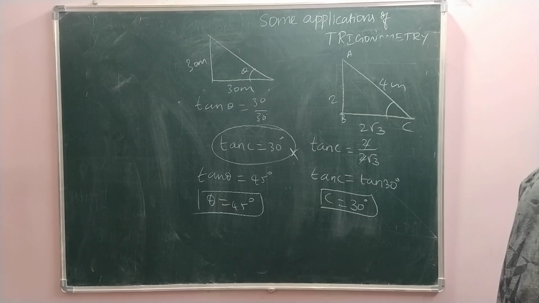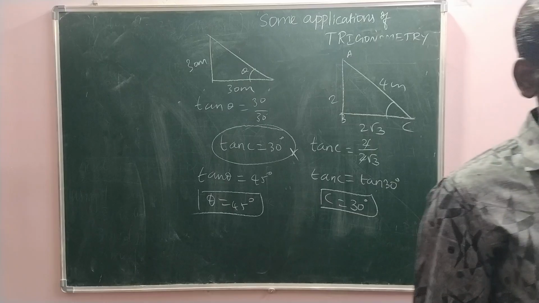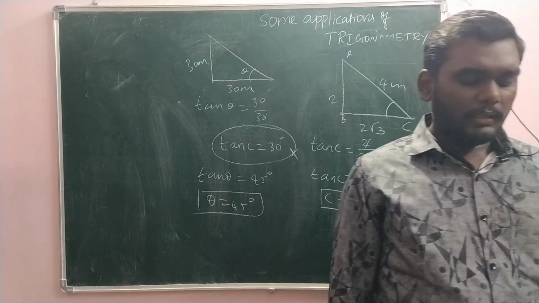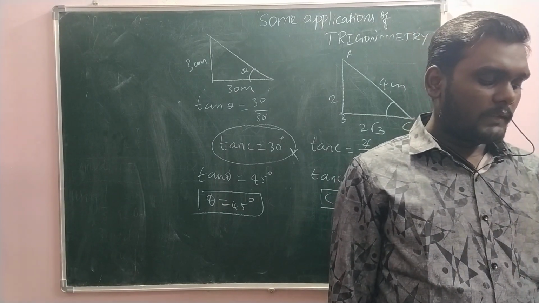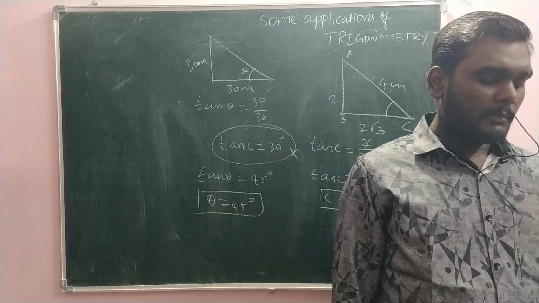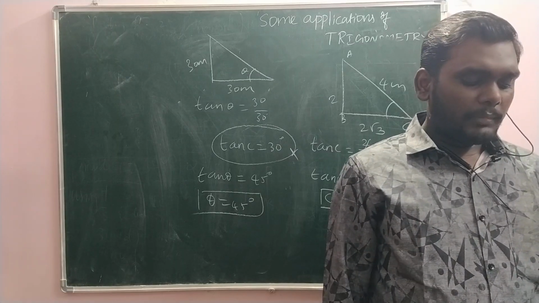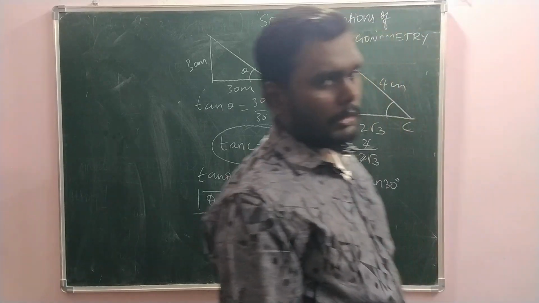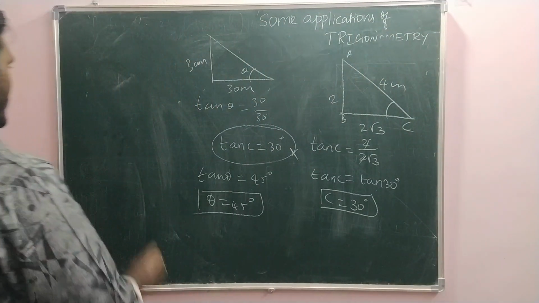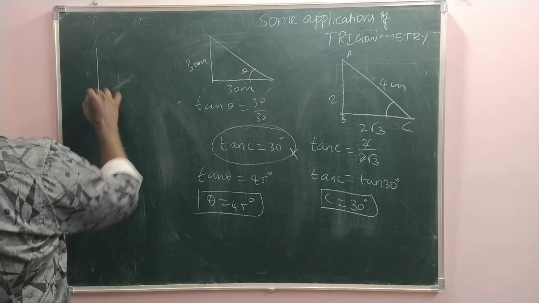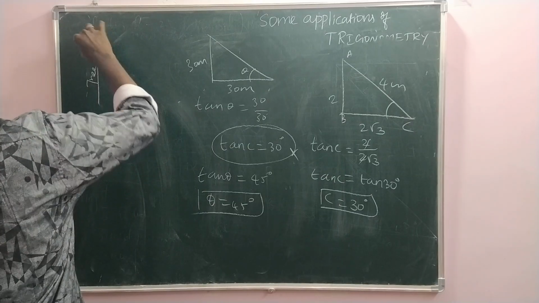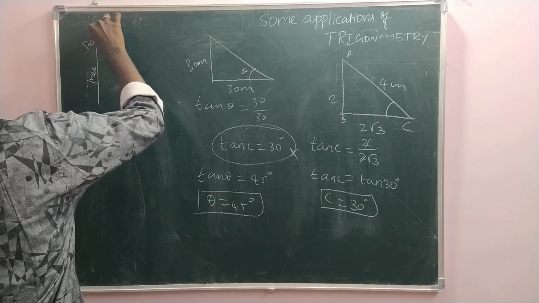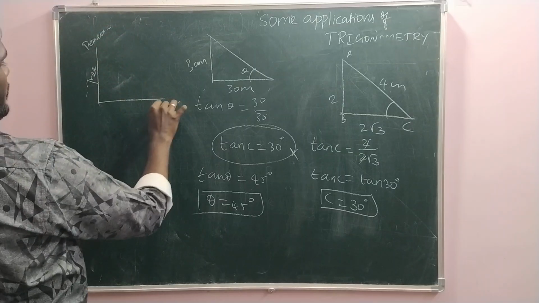And then question number 7. A peacock is sitting on the top of a tree of height 10 meter. It observes a snake moving on the ground. If the snake is 10 root 3 meter away from the base of the tree, then the angle of depression of the snake from the eye of the peacock is... Peacock and snake. Same scenario, man. This is the tree. Here our peacock. Simply for your reference I am writing.